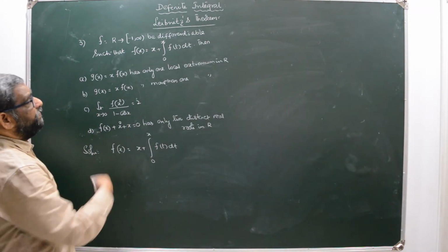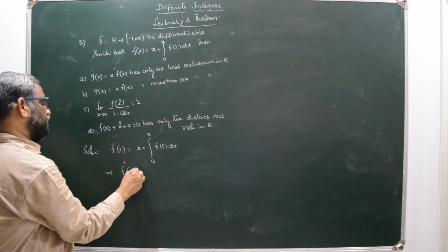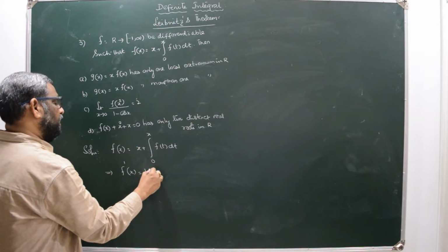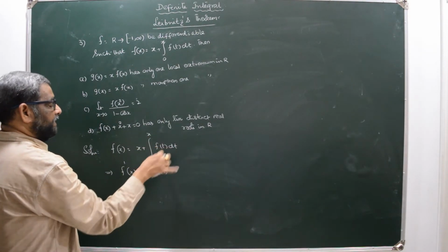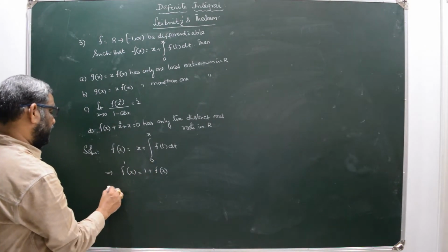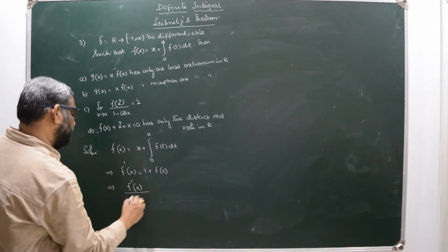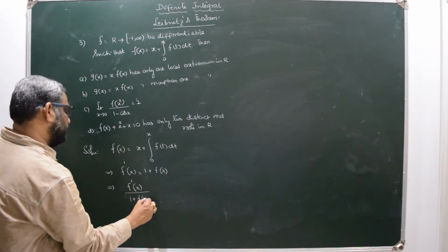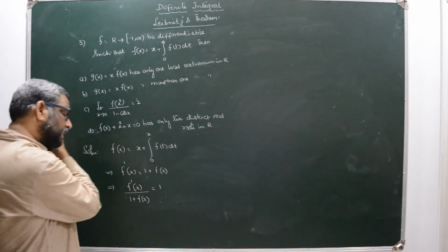Now differentiating, f dash x is equal to the derivative of x, which is 1, plus, applying Leibniz's formula, f of x into the derivative of the upper limit x, which is 1. The lower limit being 0, it is 0. So f dash x is equal to 1 plus f(x). It implies f dash x by 1 plus f of x is equal to 1.